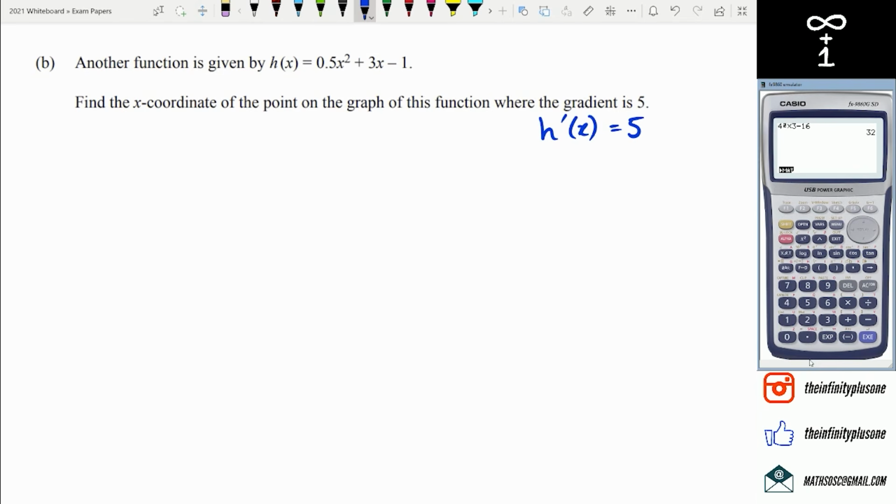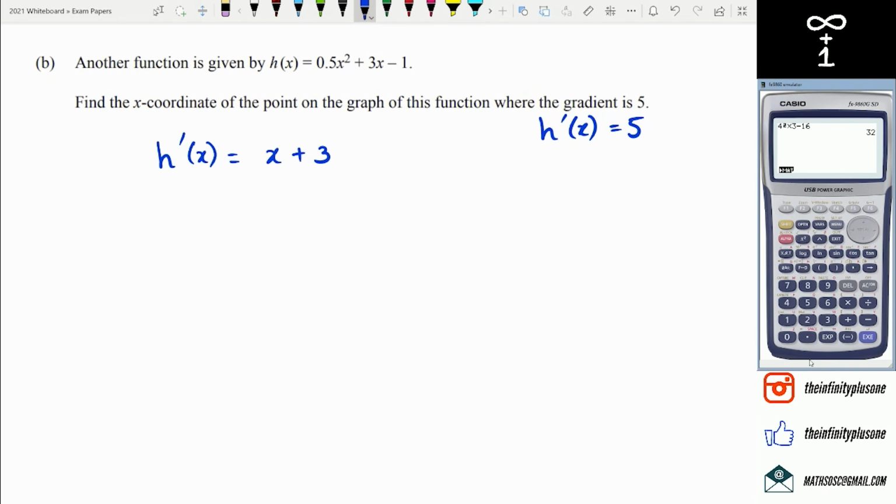So we're going to have to differentiate the function. h dash of x, when we differentiate it, we've got 0.5 times 2, which is going to be 1. 0.5x squared differentiates to x, and then 3x differentiates to just 3 by itself.